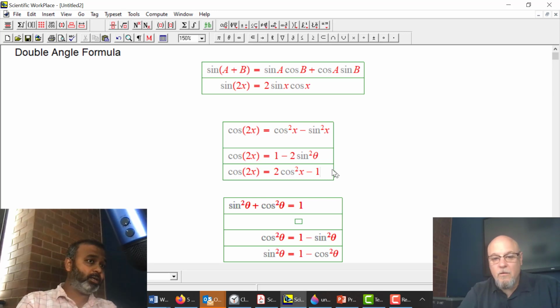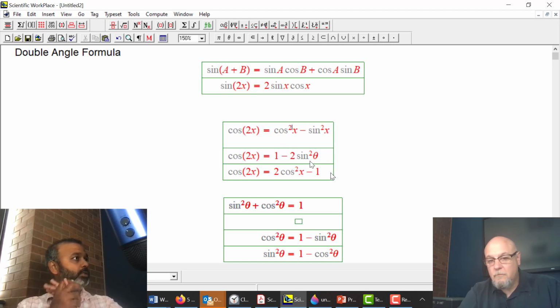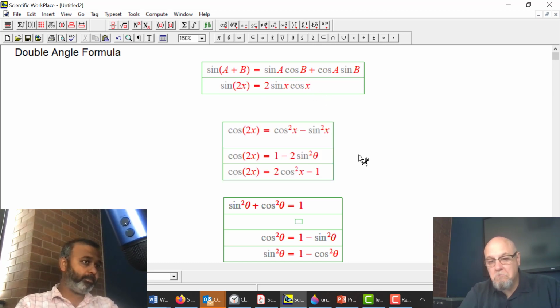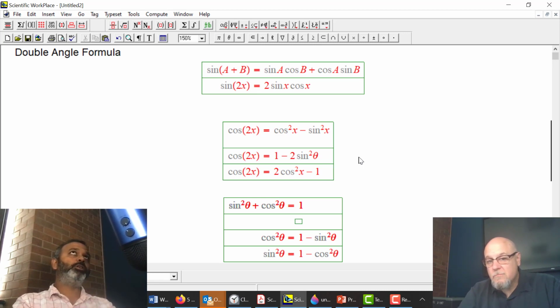So just knowing sine a plus b and cosine a plus b, we can get the double angle formulas for sine and cosine. So we've got 1 for sine and 3 for cosine. And I want to mention that we are showing how to get from sine a plus b to the double angle formula, and from cos a plus b to 3 double angle formulas.